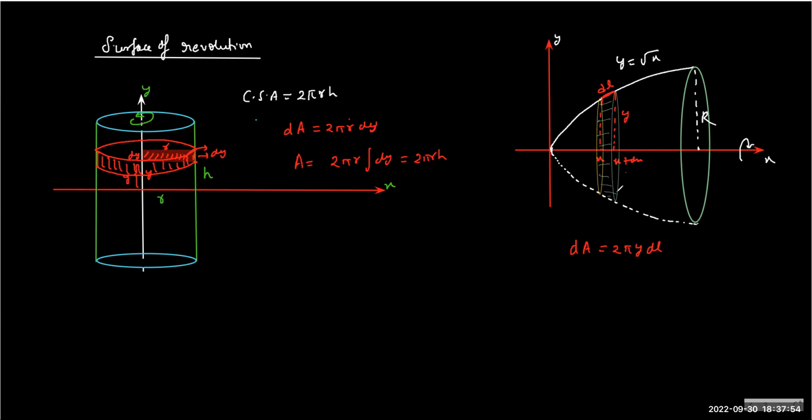So in the case of the cylinder, the y was constant. It is the same everywhere. Now y is variable. But we know the method. You just write a perimeter 2 pi y, because in one rotation you will trace a perimeter of 2 pi y. And perimeter into slant length is called the curved surface area. That's the definition of any curved surface area.